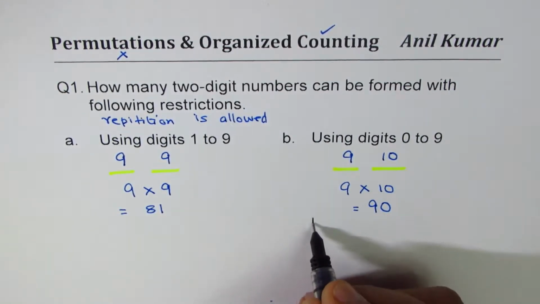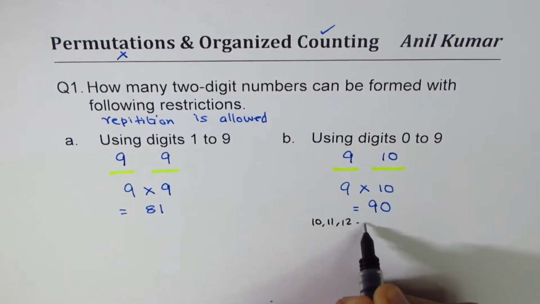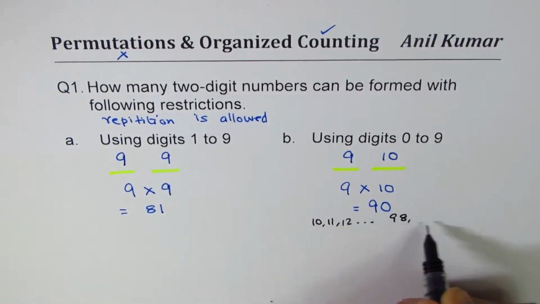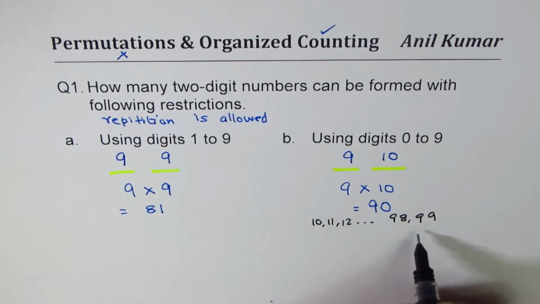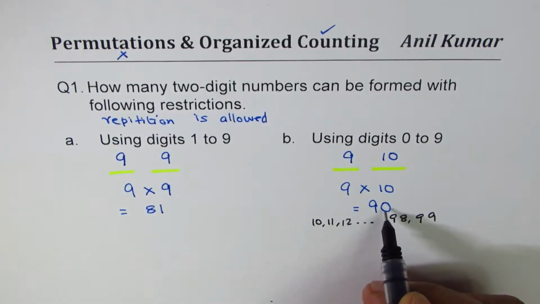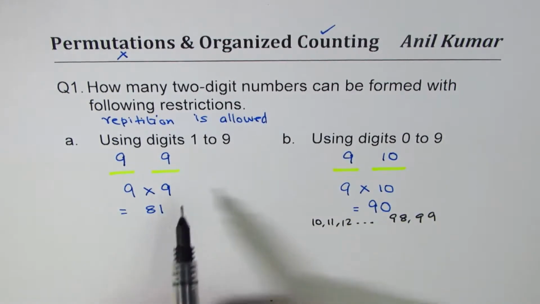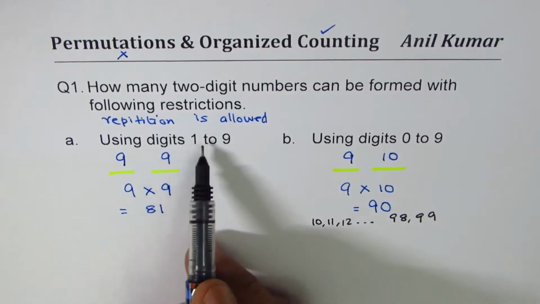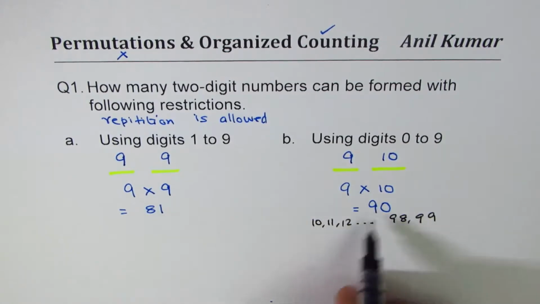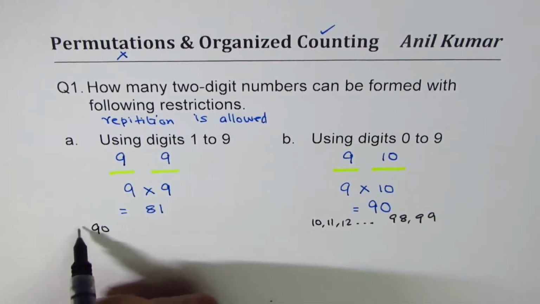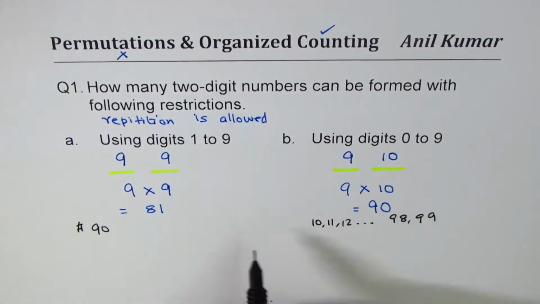And from knowledge, we can actually check the answer, right? So numbers from 10, like 10, 11, 12 to 98, 99. So these numbers are indeed 90 numbers. Is that okay? Now in this case, what have we missed? We have not included 0, right? And therefore, that is 90 numbers. Take away which ones?